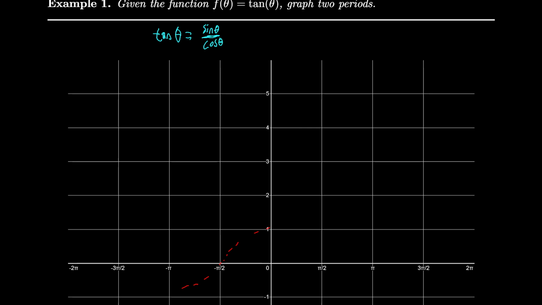At negative pi over 2 and at negative 3 pi over 2, cosine will also be 0, which means that at each of these points, here, here, here, and here, our cosine will be 0, which means that our tangent will be undefined. And we know that when a rational function is undefined, an asymptote happens.